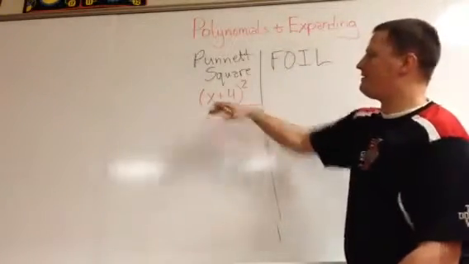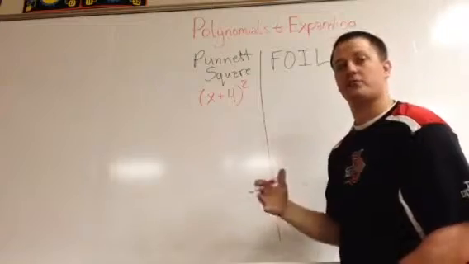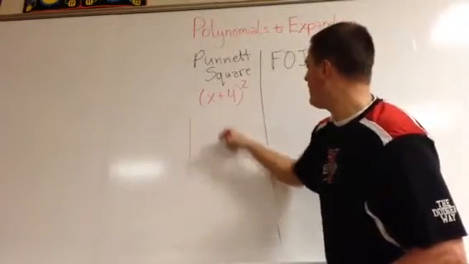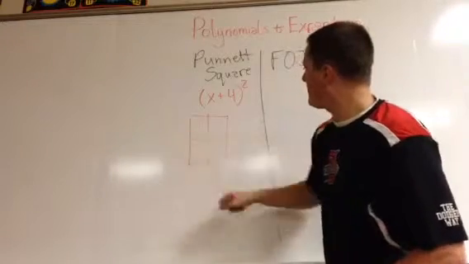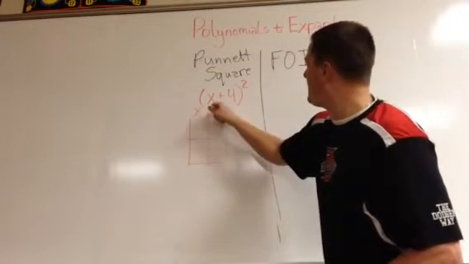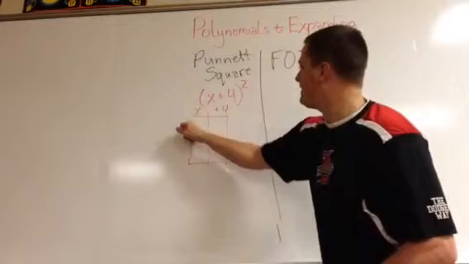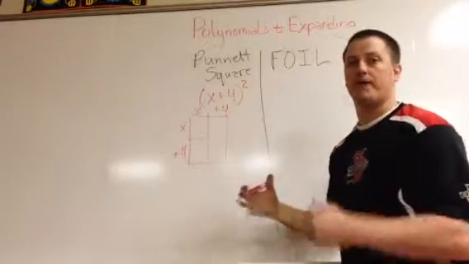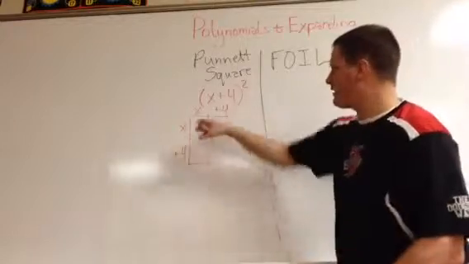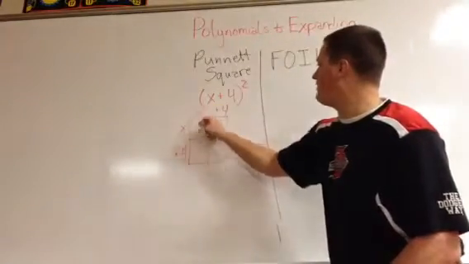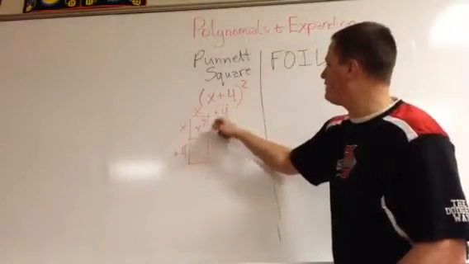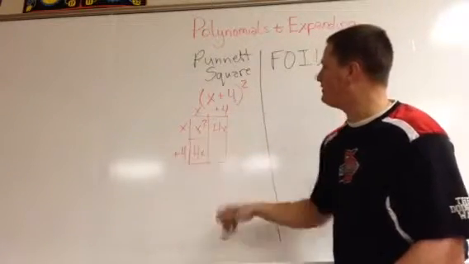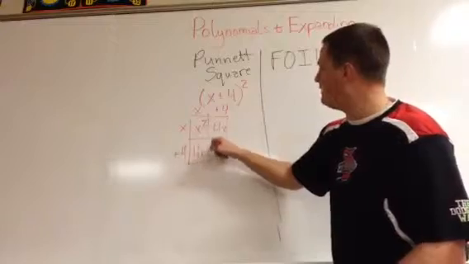For a problem like this, this is x plus 4 squared, which is really x plus 4 times x plus 4. We can create a square with x positive 4 on the top, x positive 4 on the side, and we multiply into the boxes. X times x is x squared, x times 4 is 4x, x times 4 is again 4x, and 4 times 4 is 16.